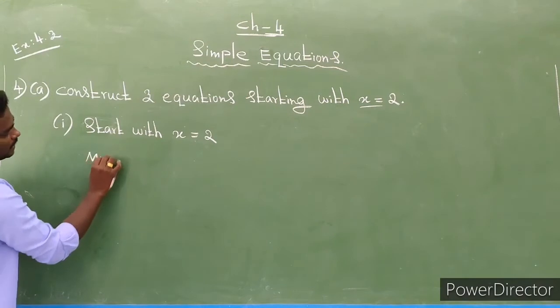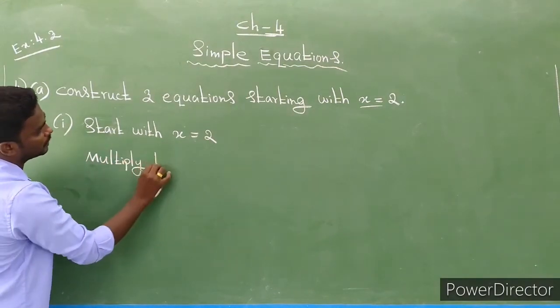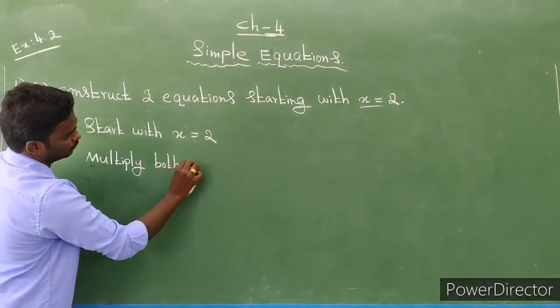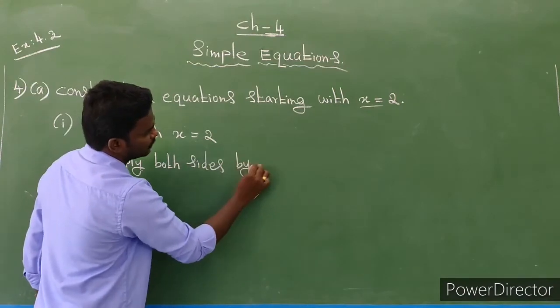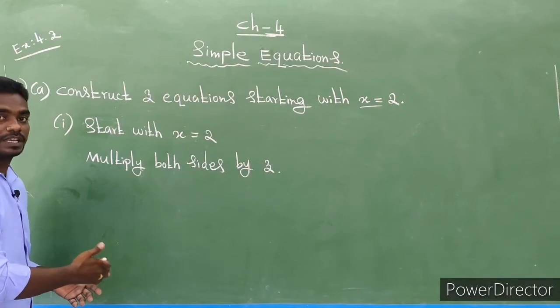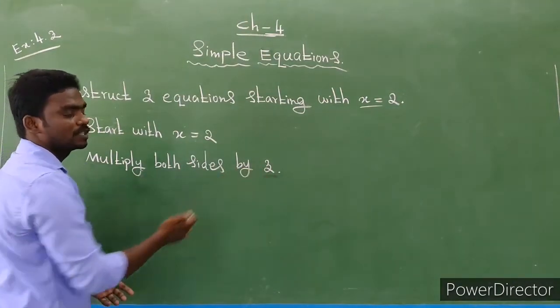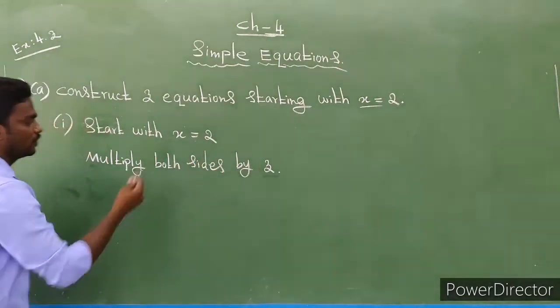We can multiply both sides by 3. We can choose any number and multiply both sides by it. So multiply both sides by 3 first.